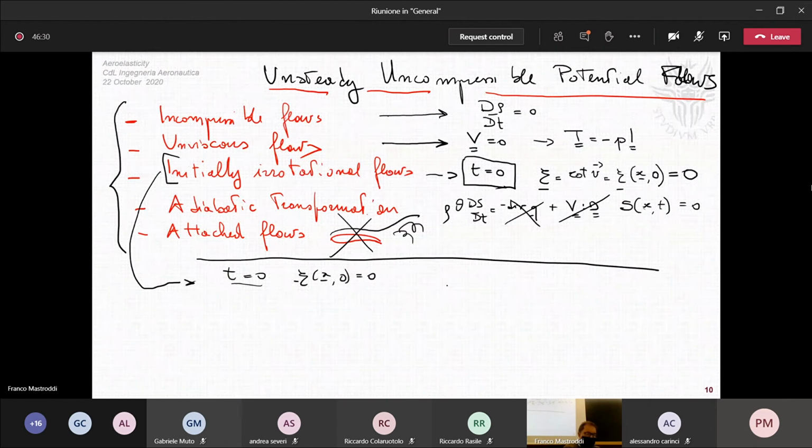We have a list of facts to be considered. First of all, we can introduce another concept. We introduce the quantity gamma.